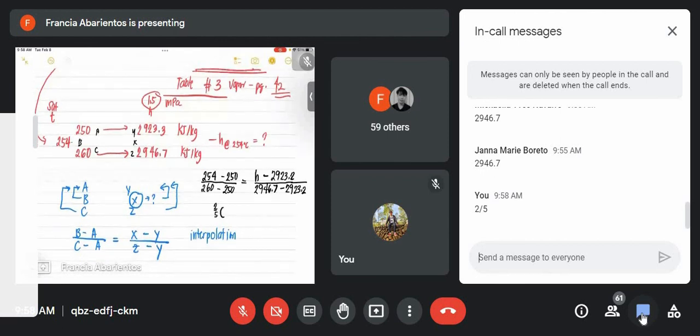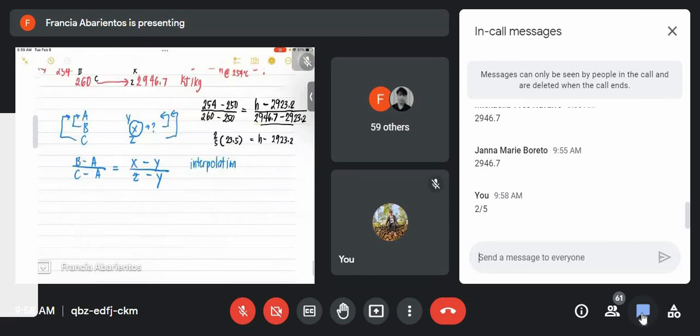Times the difference 2946.7 minus 2923.3, which is 23.4.